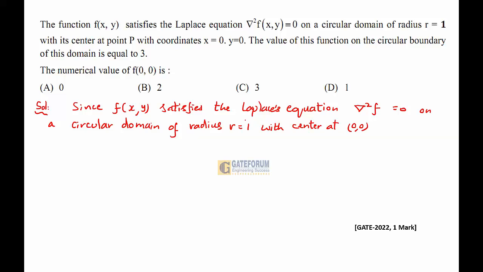Okay, so this function satisfies the Laplace equation at every point on the circular region. Domain means region. Radius r is equal to 1 and the center at 0, 0.